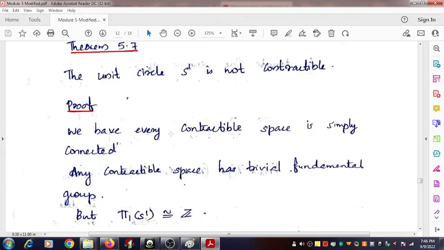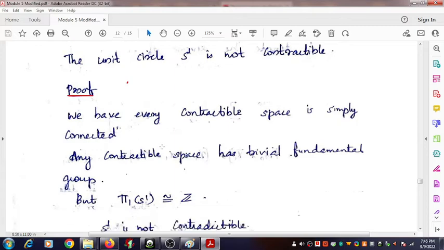We know that every contractible space is simply connected. We have proved that every contractible space is simply connected. But for a simply connected space, its fundamental group is the trivial group. It contains only one element, that is the identity element.